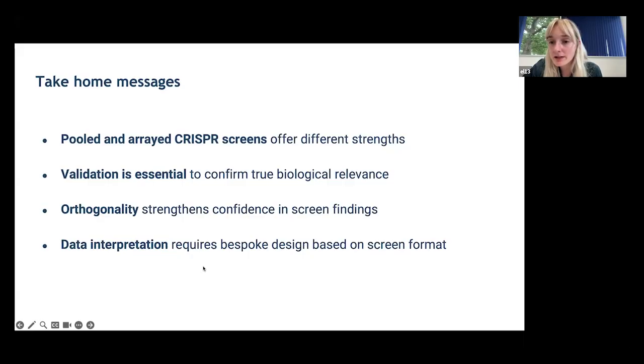Mona asked, in an arrayed screen using a 96-well plate, how many replicas do you recommend per guide RNA? Just to use ENCORE as an example, for each target we have 4 guides targeting it, and these were all within the same well.